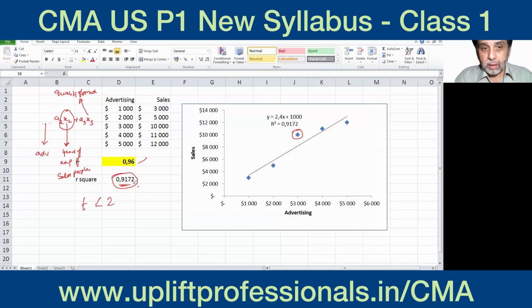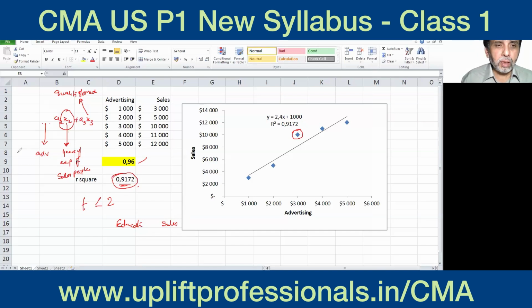You understood? Whereas maybe when you plot education of the salespeople against the sales they bring, maybe the relation is not there at all. A highly qualified person might bring very few sales, whereas a person who is not qualified might bring more sales. So the education part, the R, the R square and the T will all show very bad values.